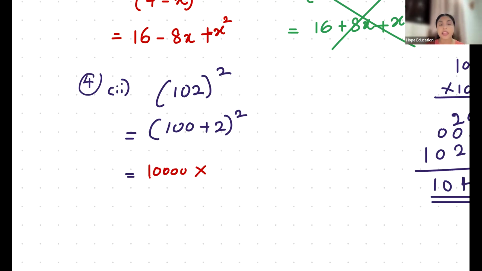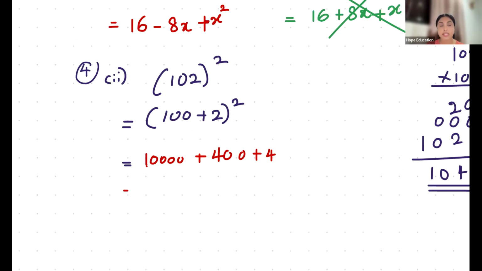Then I multiply the first term, the second term, and this 2. 100 multiplied by 2 is 200. 200 multiplied by 2 is 400. Plus 400. Then plus times plus is plus. Then I take the square of the second term. 2 squared, that is 4. So 10,000 plus 400 plus 4 means 10,404.